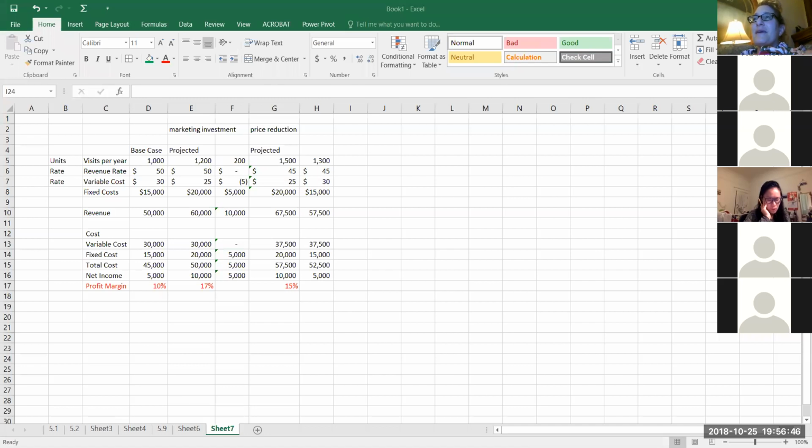And I have one more question about that same tab. For problem 11, if you could increase the units, what units are you changing? The volume at price 1 or price 2, or which volume are we changing? So I think basically it's the new units, right?